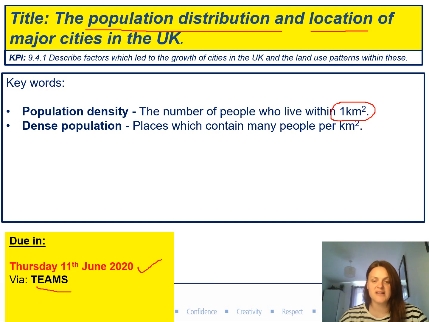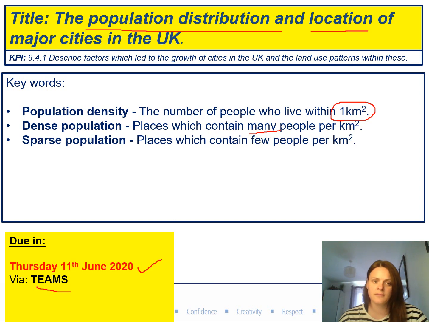With that, you can say whether it's a dense population, and this means when there are many people living per square kilometre. For example, Lewisham is very dense, it has a dense population. Some locations will be sparse, which means there are very few people living there.